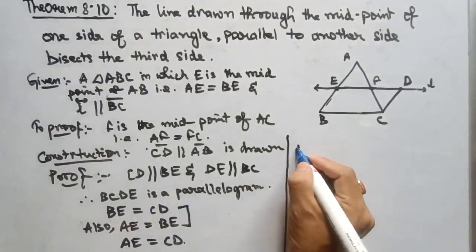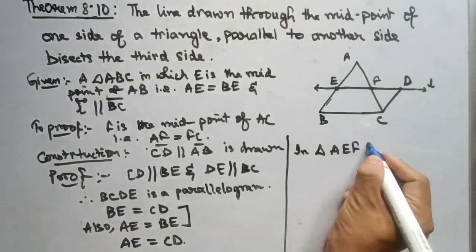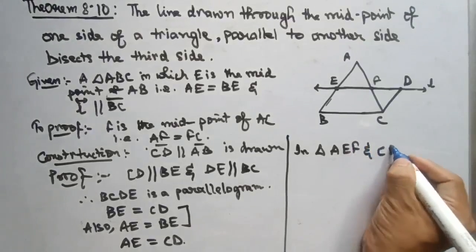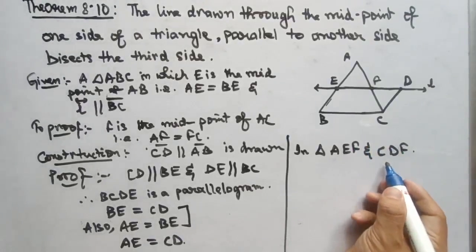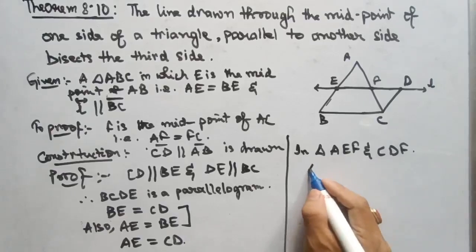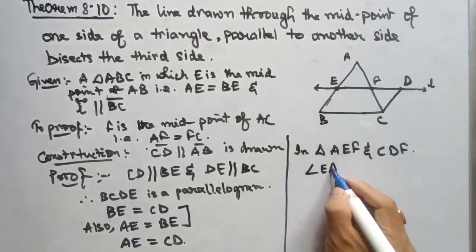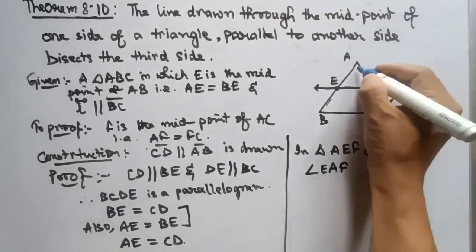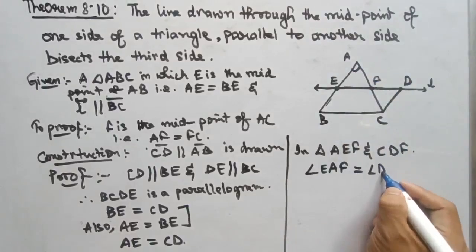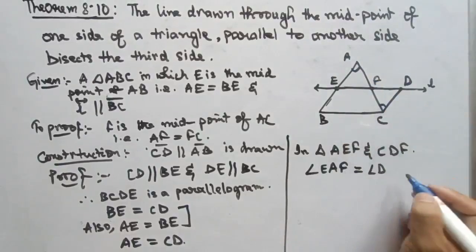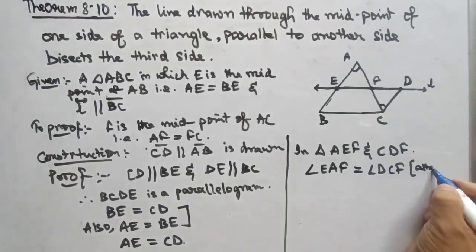Now, in triangles AEF and CDF, angle EAF is equal to angle DCF because these are alternate interior angles.